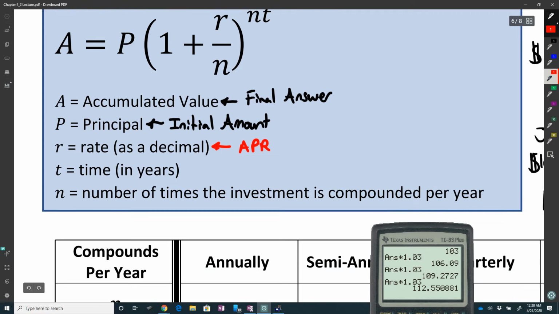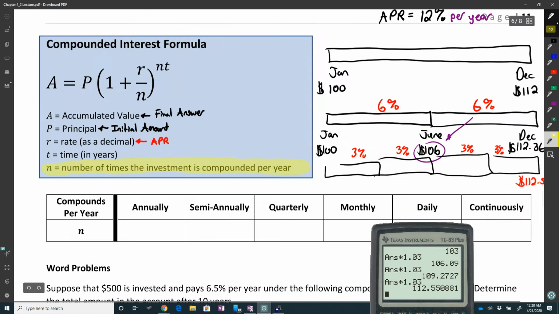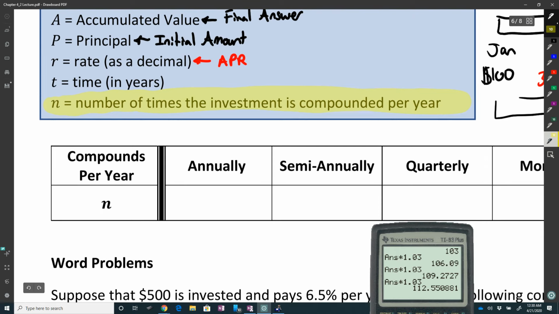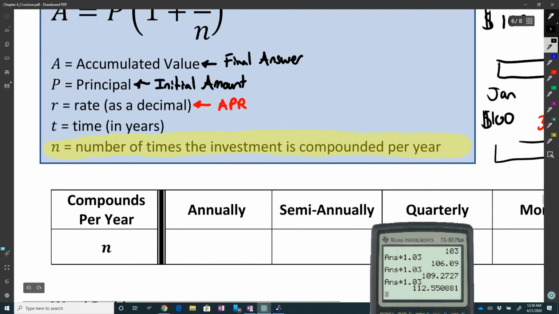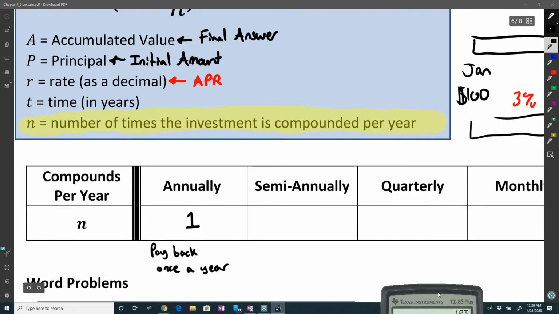Now, this last part tends to be a little confusing for people, so I wanted to break it down. Okay. So if something is compounded annually, annually means that you only have to pay them back once a year. And so that would be n would be 1. Semi-annually, pay back twice a year.